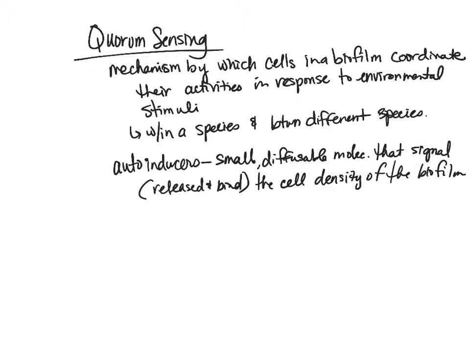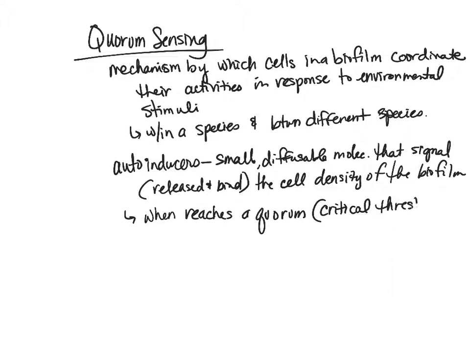Now, when this reaches a quorum, so what we could also call a critical threshold, the autoinducers are going to signal for the production of different molecules or functions that are beneficial at that density.